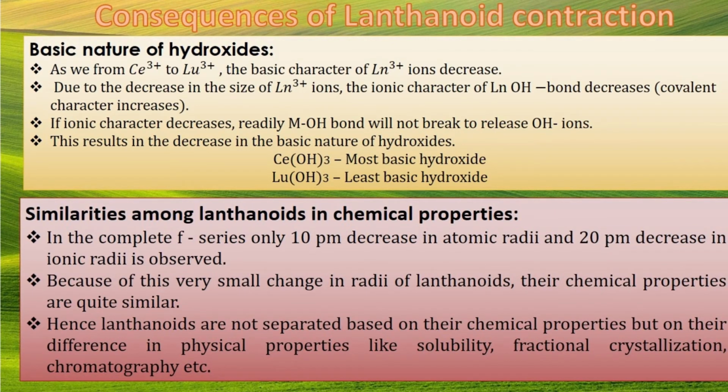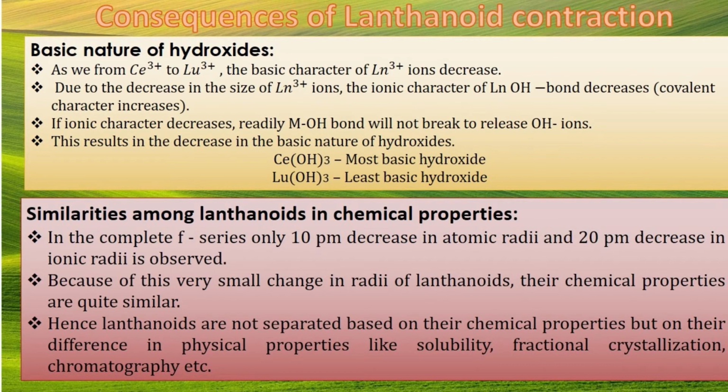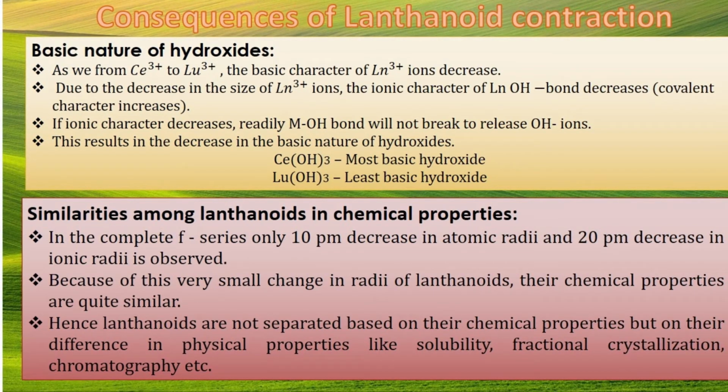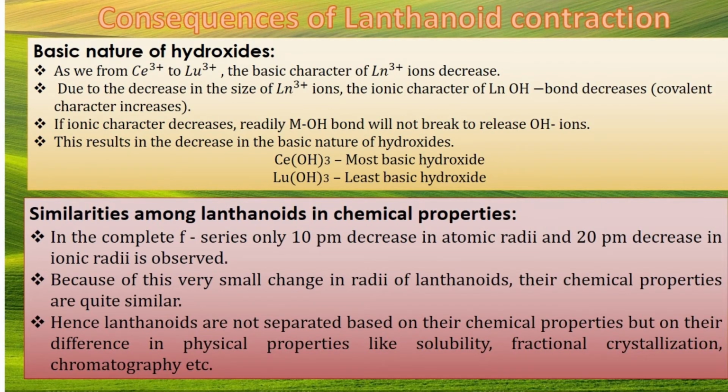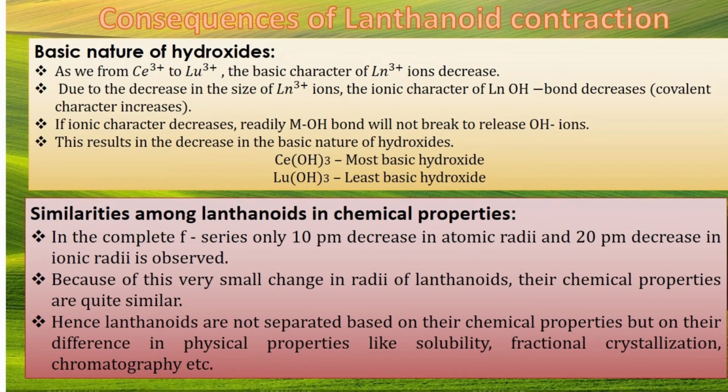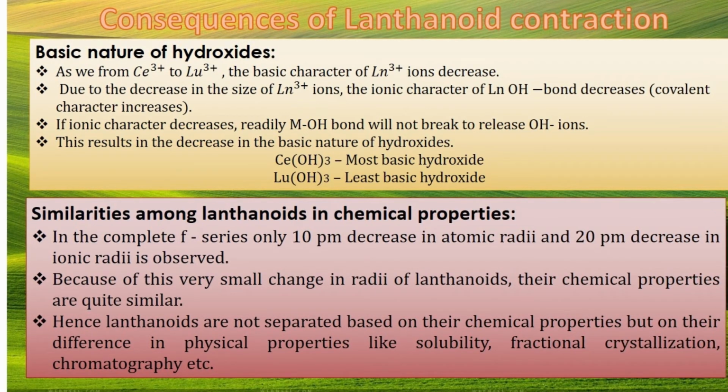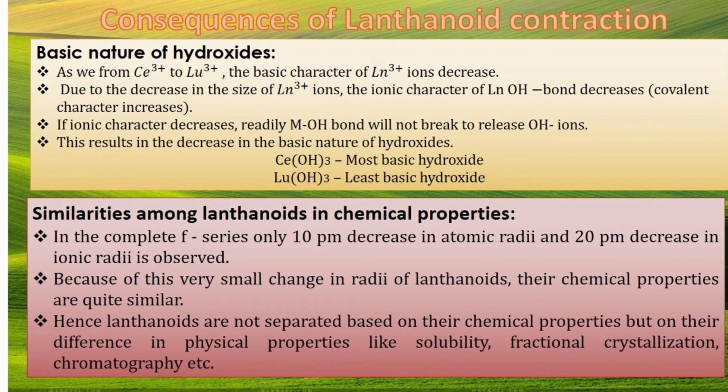The second consequence of lanthanoid contraction is difficulty in the separation of lanthanoids due to their similar chemical properties. When we move across the series, atomic radii decrease, but the difference in their atomic radii is negligible. So all the elements of lanthanoids will have similar chemical properties.